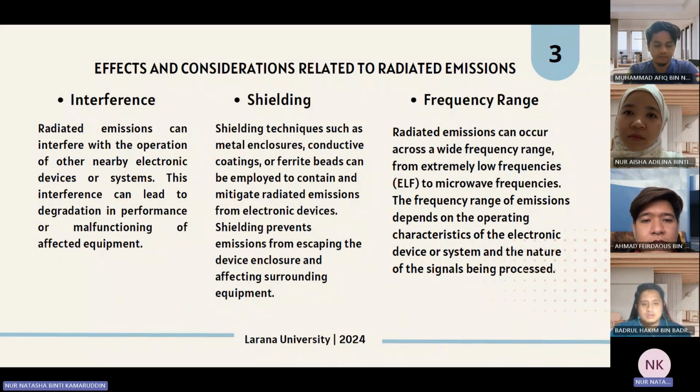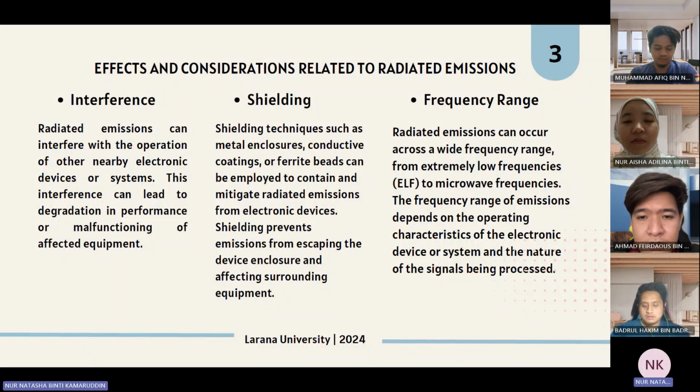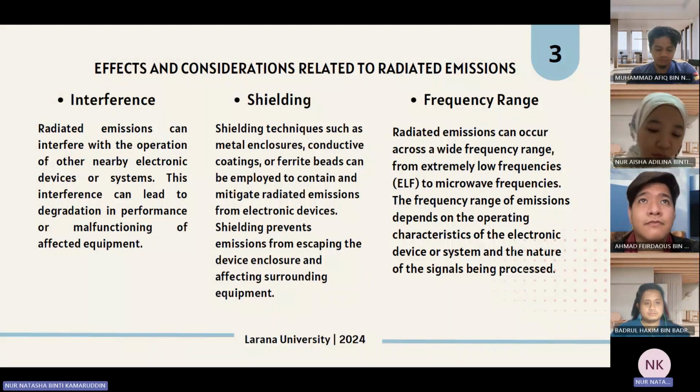Okay, so for the effects and considerations related to radiated emissions, first, interference, which is radiated emissions can interfere with the operation of other nearby electronic devices or systems. This interference can lead to degradation in performance or malfunctioning of affected equipment.